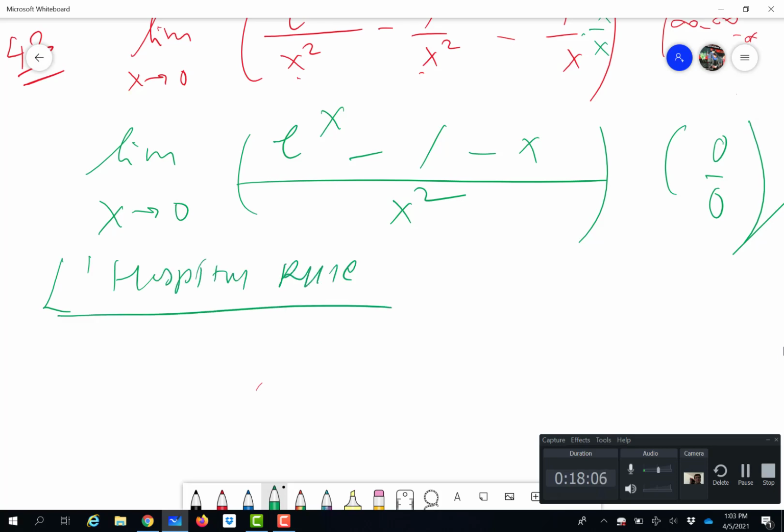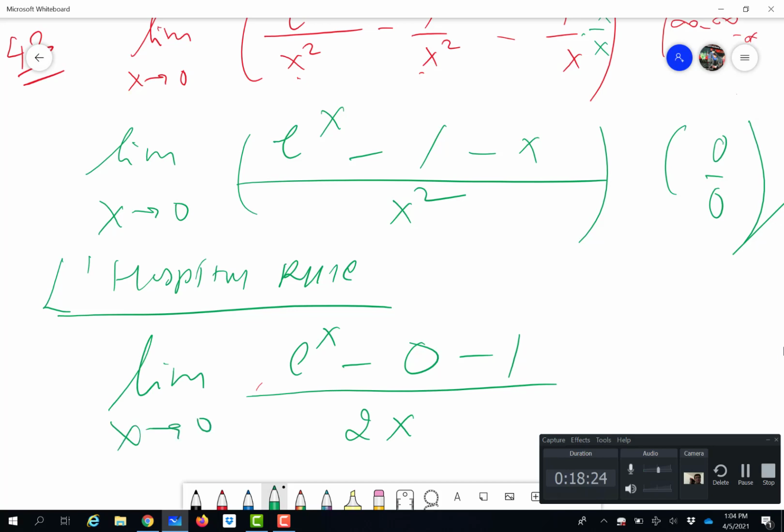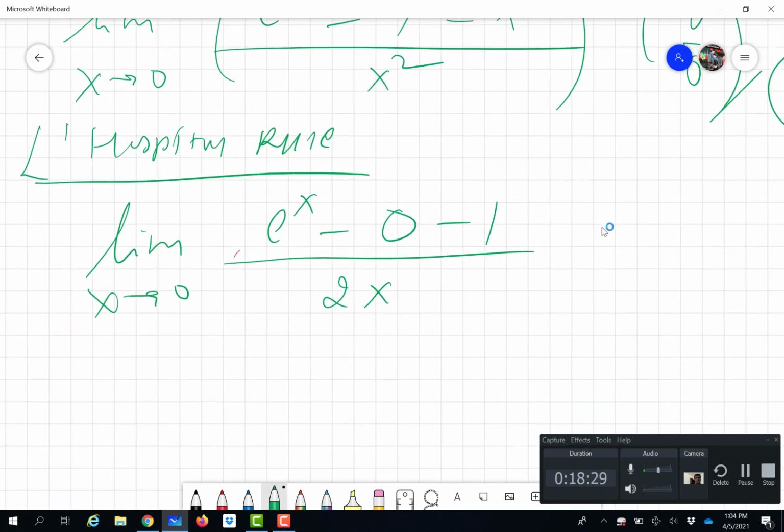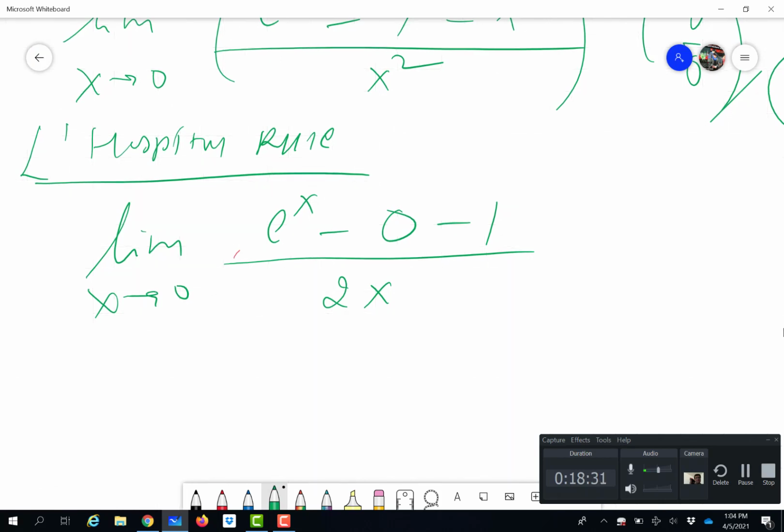Look, L'Hopital rule. So that tells us now to find the derivative of top and derivative of bottom separately. The derivative of top will be e to the x, derivative of e to the x is e to the x, minus derivative of 1 is 0, derivative of x is 1. The derivative of bottom is 2x, x tends to 0. Okay, so when we find that derivative, now let us see what happens.